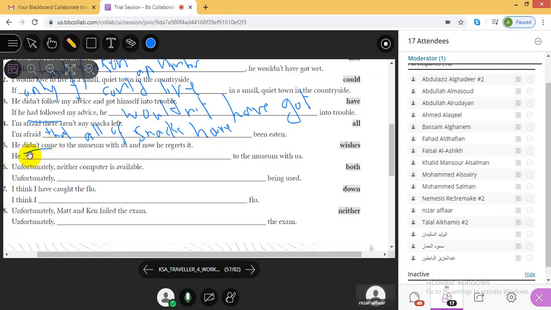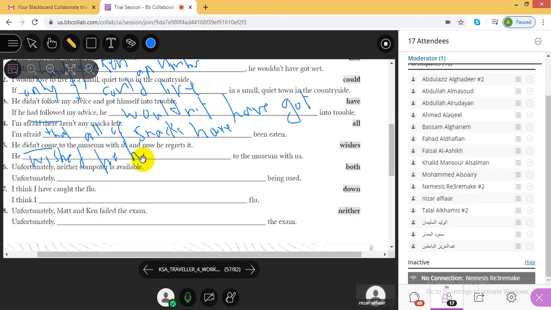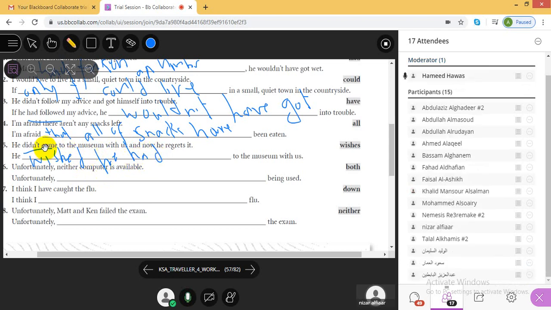So he wishes he hadn't... he wishes he had, sorry, because he already... The situation is he didn't come, and he wishes to come, right?